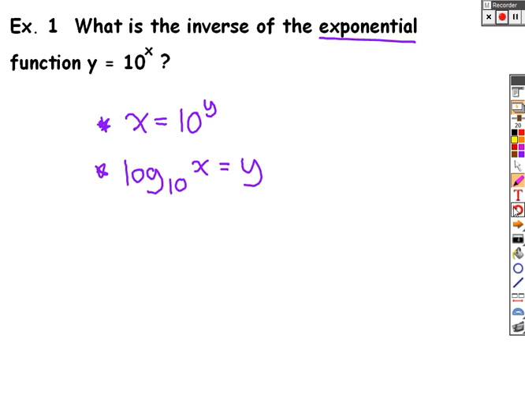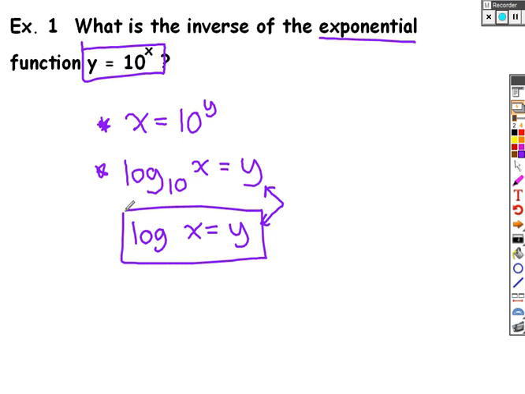Same thing, but I've just rewritten it, and it looks like that y equals form. Now this is a common log, so I don't have to write the 10 as the base. If you wrote this, these two, recall, mean the same thing. So both of those would be perfectly acceptable for the inverse equation. So the inverse of y equals 10 to the x is just log base 10 of x equals y.